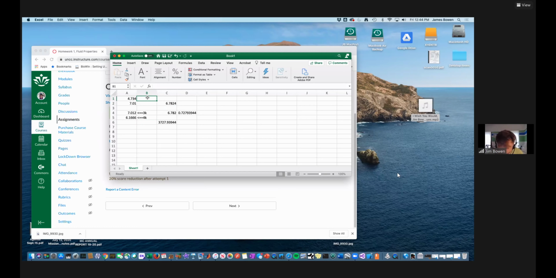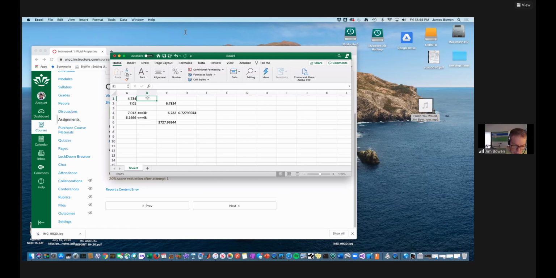I'm going back to table B2. 80 is 4.734.